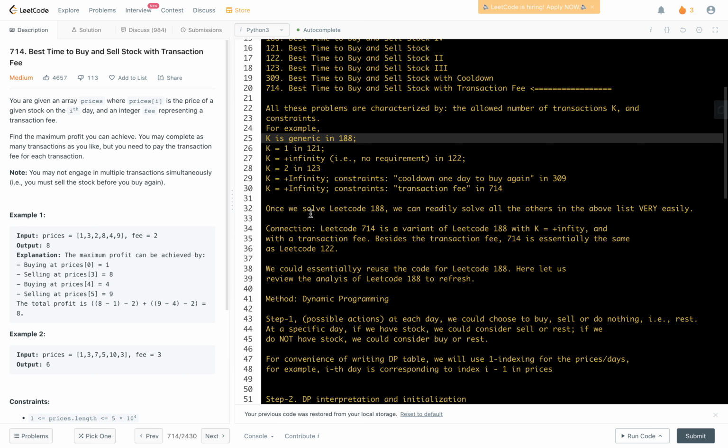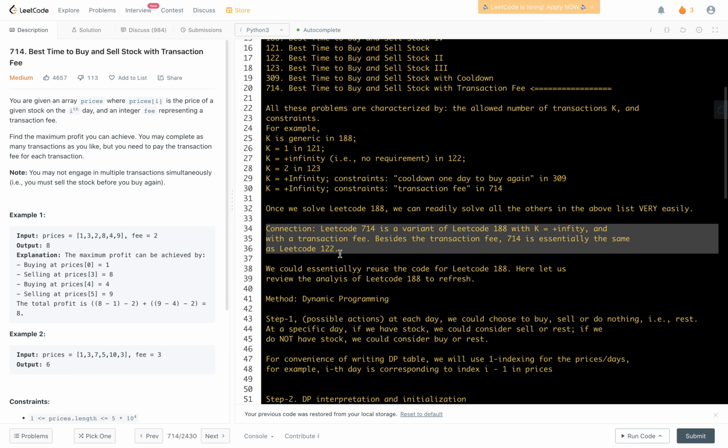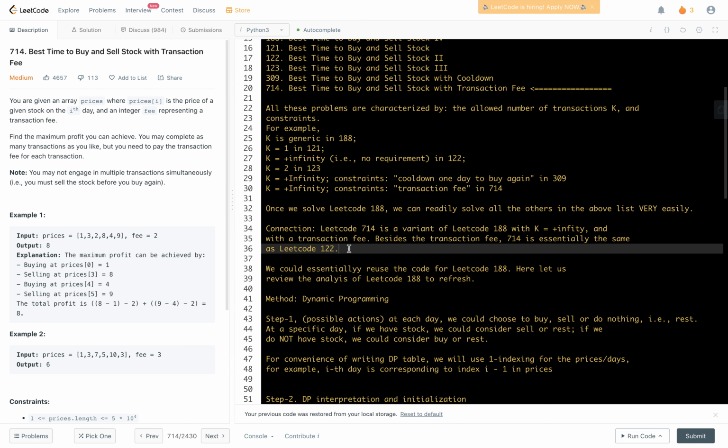As we mentioned before, once we solve problem 188, we can readily solve all the other problems in the above list. Before we do the analysis, let's emphasize the connection of the current problem with this list, mainly 188 and 122.